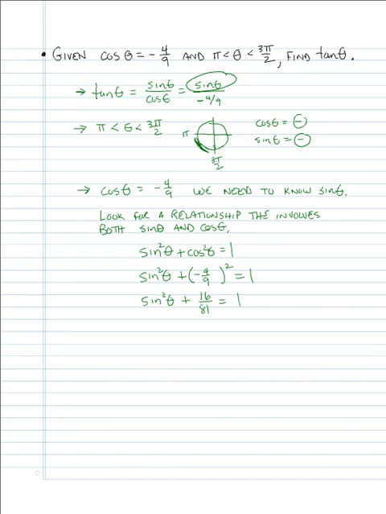We subtract 16 over 81 from both sides. So we'll have the sine squared of theta is equal to 1 minus 16 over 81. And then, of course, we need to create one fraction, so we'll say 1 is 81 over 81, minus 16 over 81. And what's that come to?